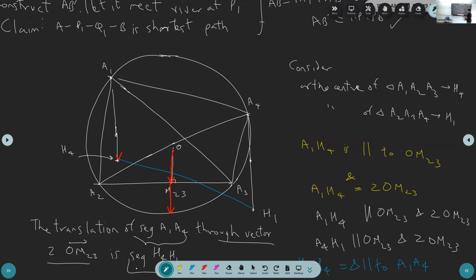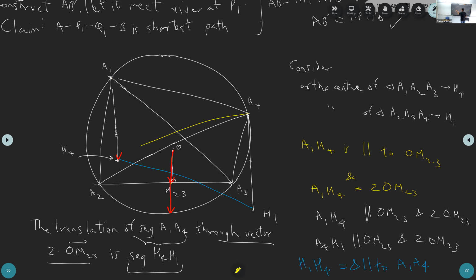Okay, this is a parallelogram, and what do the diagonals of a parallelogram do? They bisect each other, right? So A1, H1, and A4, H4, these are the diagonals, right? This is the first diagonal of my parallelogram, and this is the second diagonal. Okay, and so this point is the midpoint of both segments, A1, H1 and A4, H4.